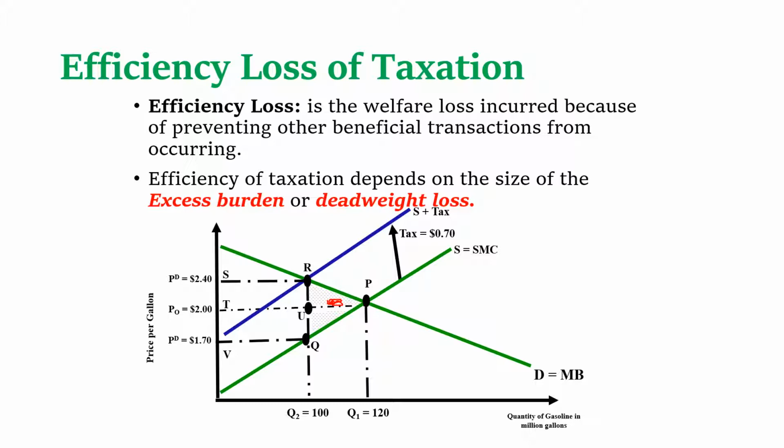And this occurs because of the relative elasticities of demand and supply. It is efficient to tax a good that has a perfectly inelastic demand and a good that has a perfectly inelastic supply, because there is no deadweight loss due to taxation.